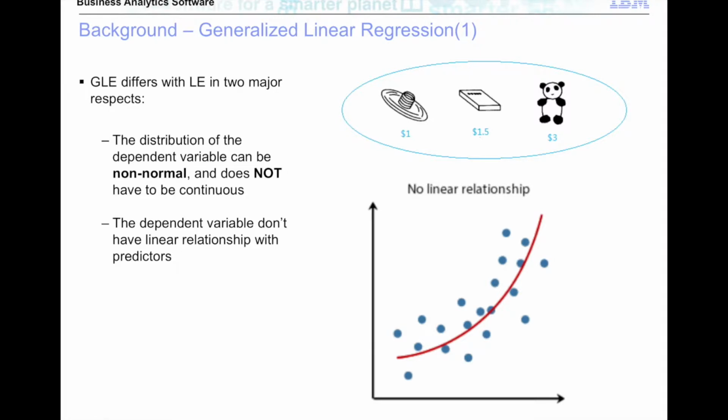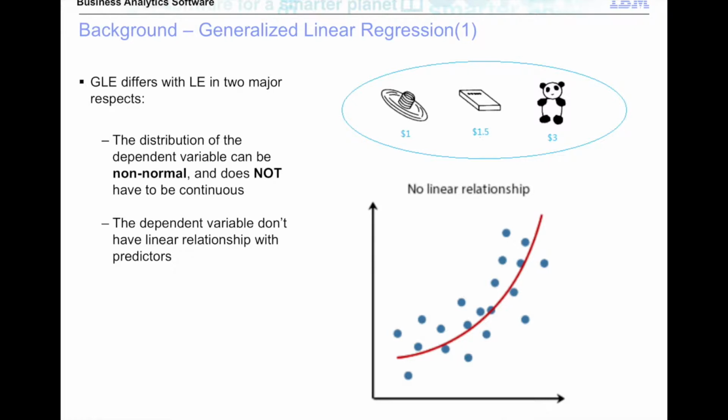For example, a researcher is interested in predicting consumers' choice of one of three products. In this case, the dependent variable can only take one of three category values, and the distribution of the target is said to be multinomial.